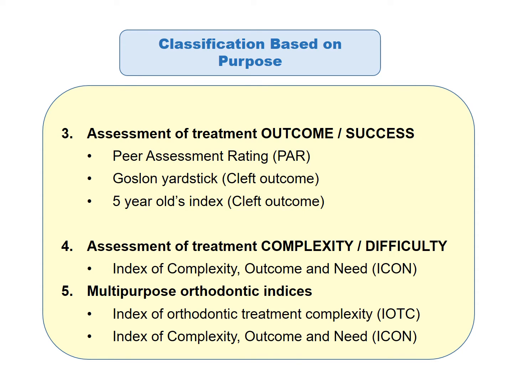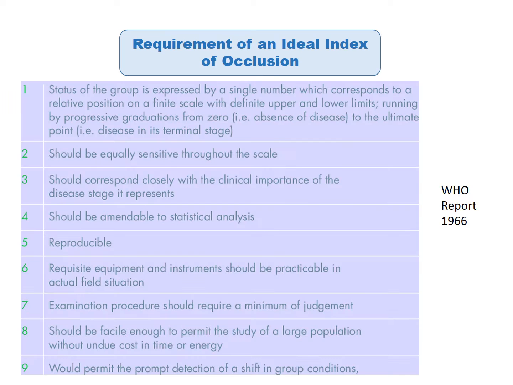And lastly, we have multi-purpose orthodontic indices, which may serve more than one purpose as outlined above. An example of these is the index of orthodontic treatment complexity, IOTC, or the index of complexity, outcome, and need, or ICON.